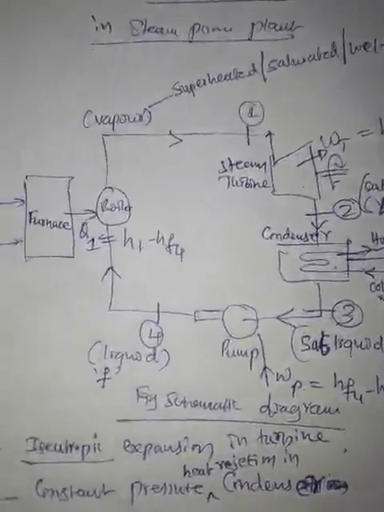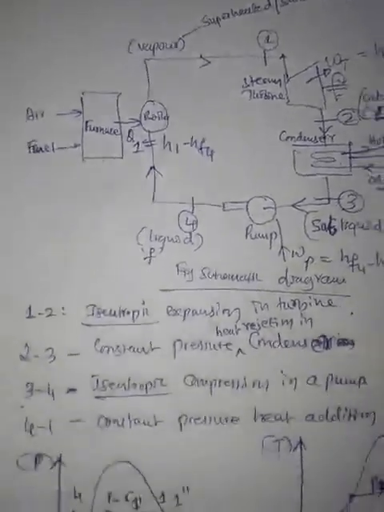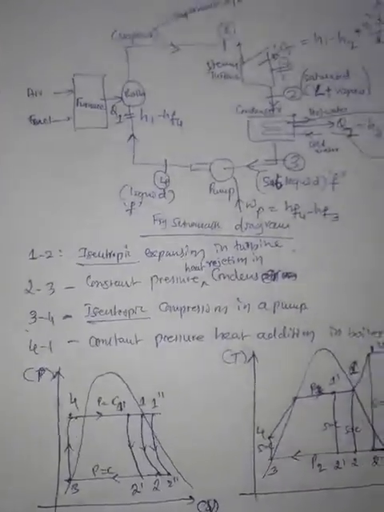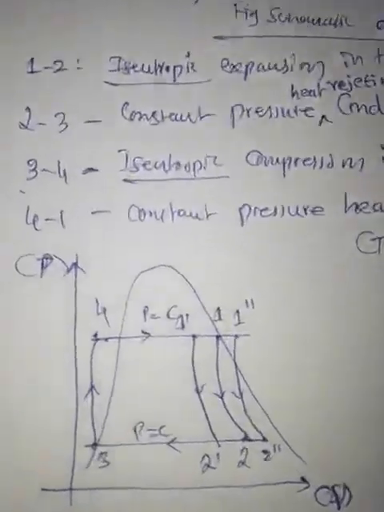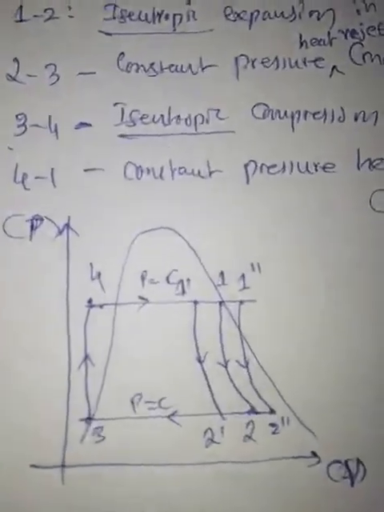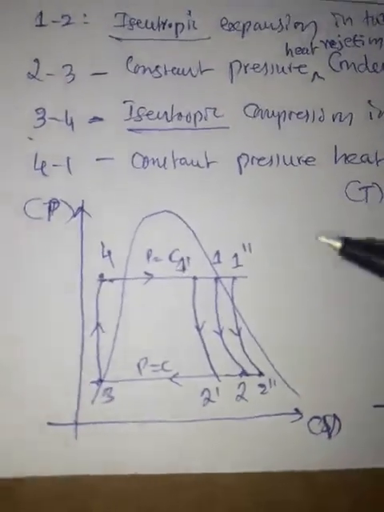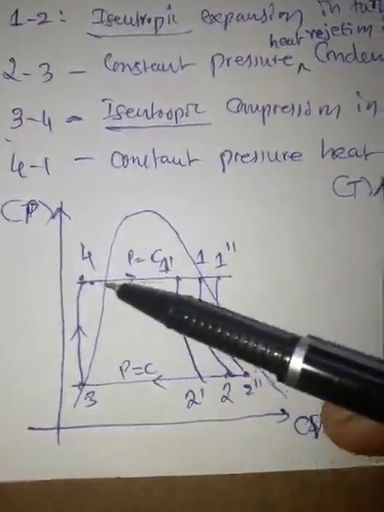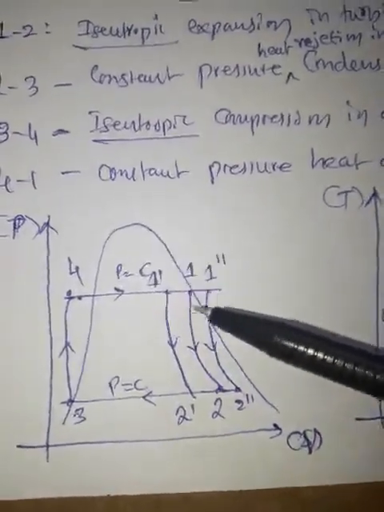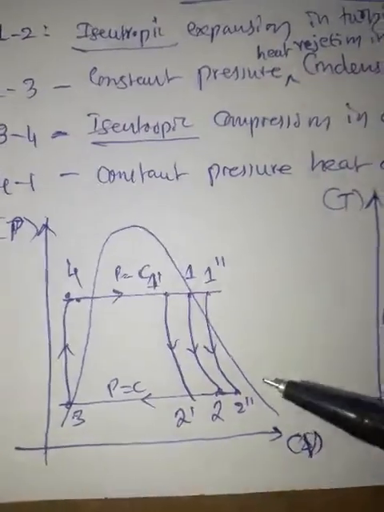After this, let us discuss the PV diagram and TS diagram. Let us represent all these processes on a PV diagram. As you know from our previous video, this is the saturated liquid line and this is the saturated vapor line.